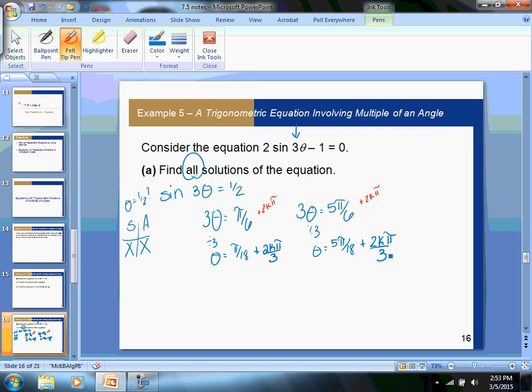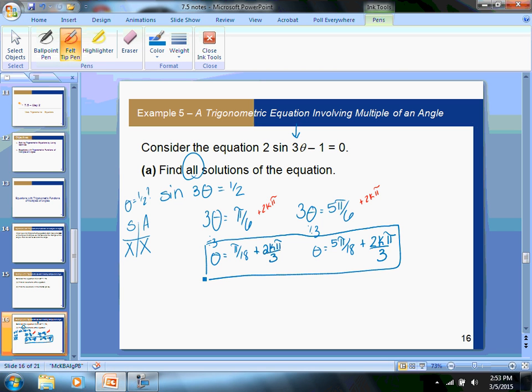So now I have all of my general solutions. I have all of the solutions. So if you have a multiple of an angle, you basically treat it the way we've been solving our trig equations, and then you just divide by whatever that multiple is. You divide your radian answer by that, and you divide the 2k pi or the k pi by that as well.